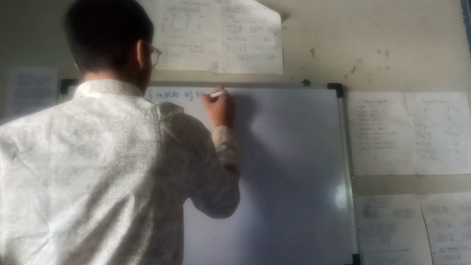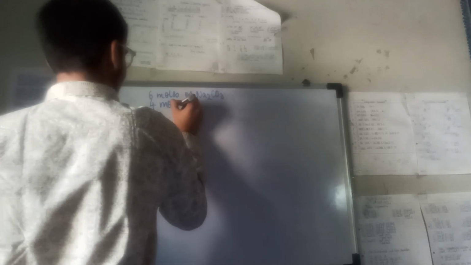Okay. Let's start with an easy question. 6 moles of Na2CO3, that is sodium carbonate. 4 moles of HCl are made to react.